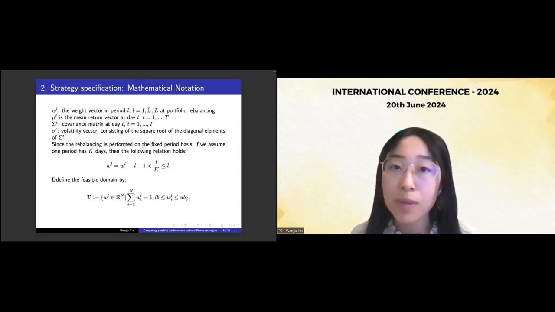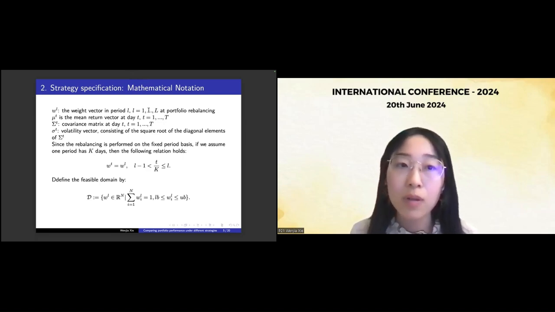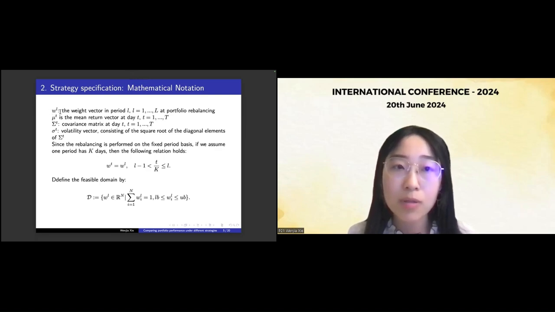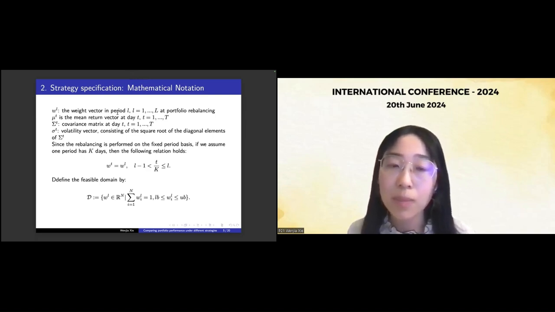Let me give some mathematical notation. We use notations to represent the weight vector in a period, the mean return vector at some day, the covariance measures at the day, and also the volatility vector.